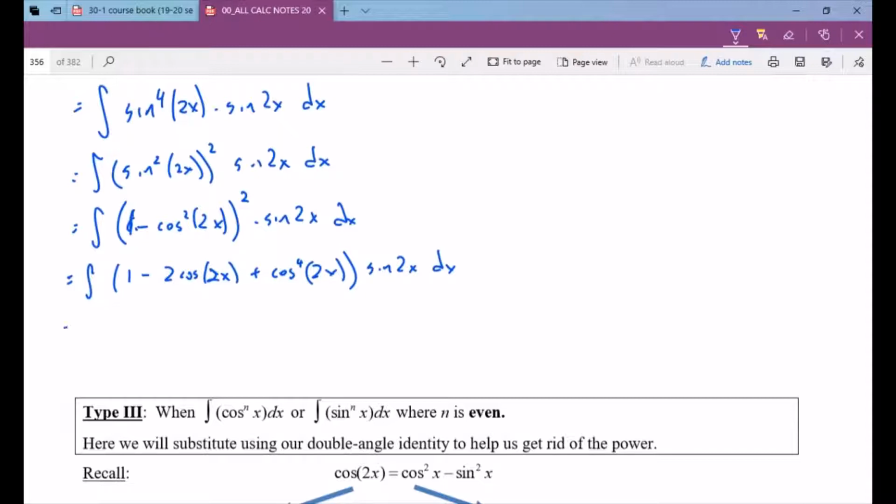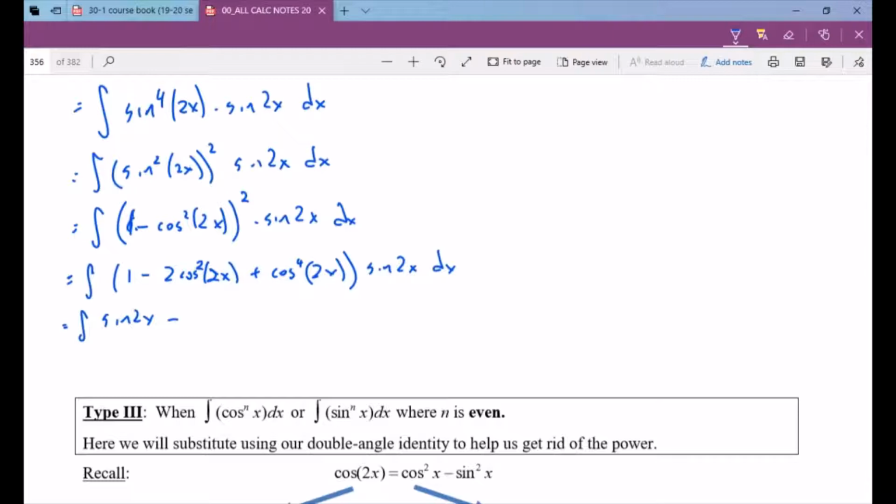And we're going to distribute and get sine into this bracket. So this ends up being the integral of sine 2x minus cos squared. Oh, sorry, I missed a cos squared on this here. Better change that. So this is minus 2 cos squared.